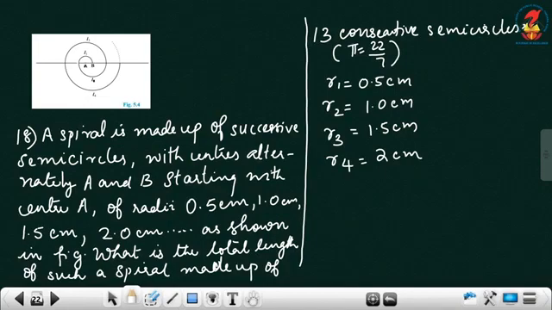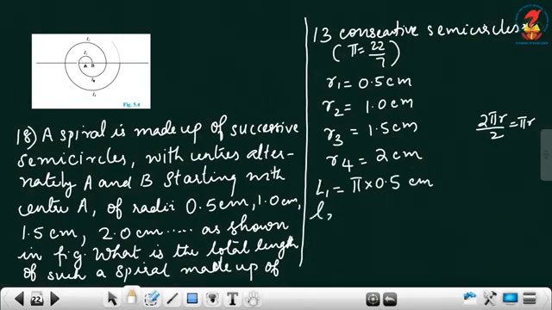So that is actually the semicircle. The formula is 2 pi r by 2, which is equal to pi r. So the first length l1 is of radius 0.5, so pi into 0.5 centimeter.